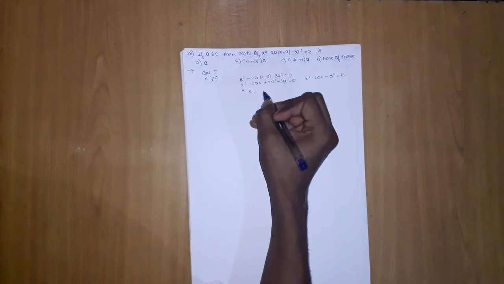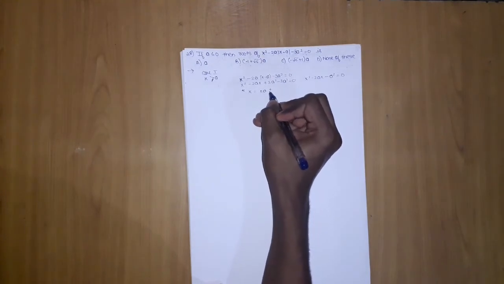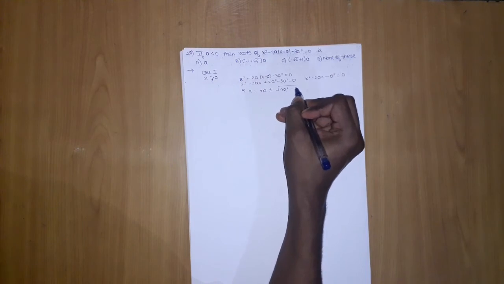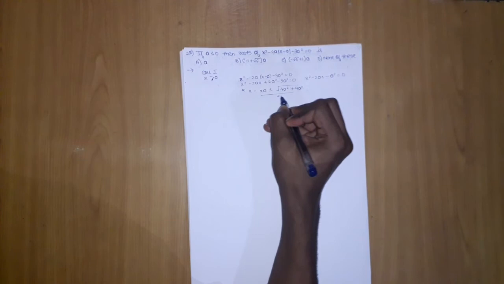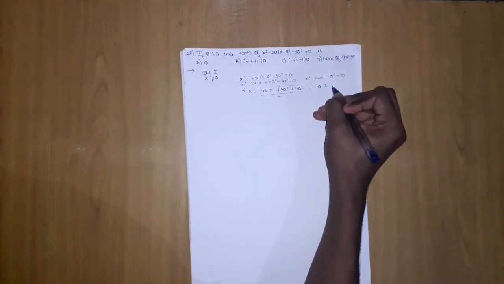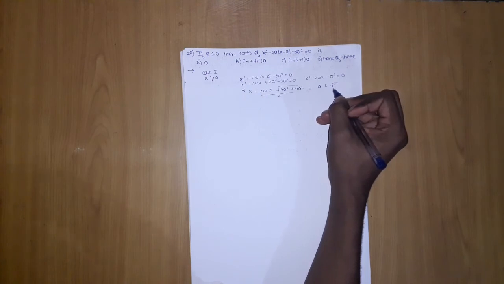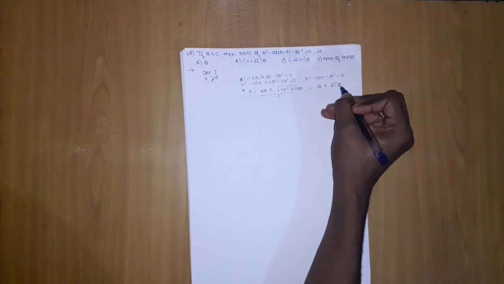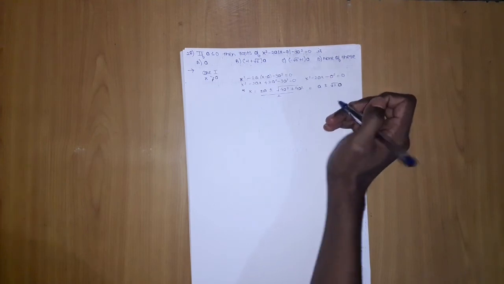X will be 2a plus minus under root b square, which is 4a square, this will become plus 4a square, by 2, which leads to a plus minus under root 2 a. Okay, we got this.